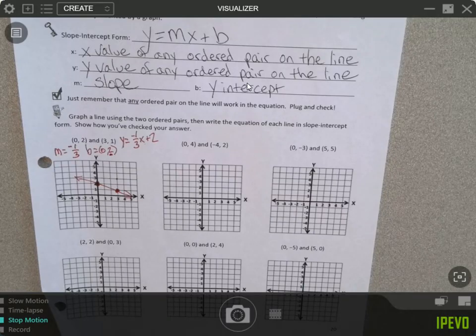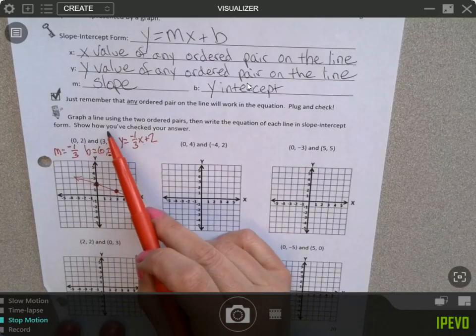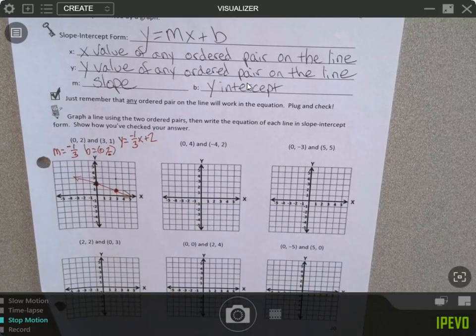Now it says, show how you've checked your answer. How would I check this answer? Eleanor, the only one knows how to check the answer? Graham, how would I check the answer? By putting 3, 1 into the equation.